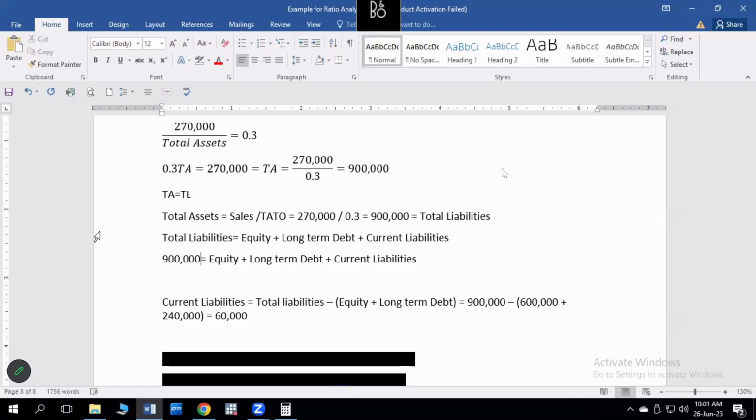9 lakhs you have found. Equity also you have already found, 6 lakhs given.